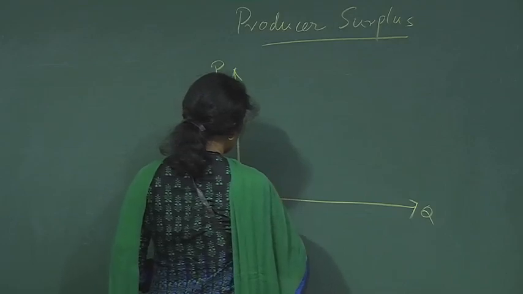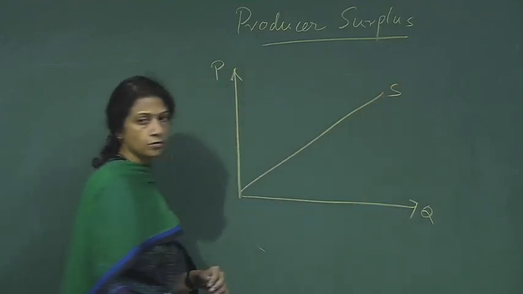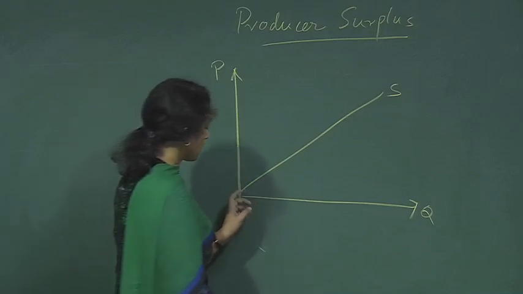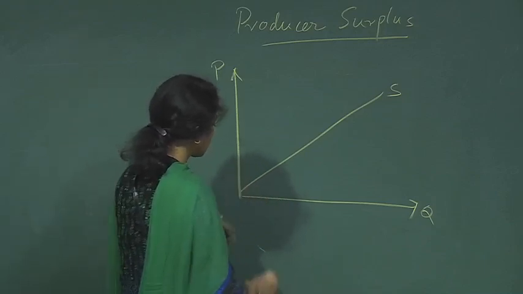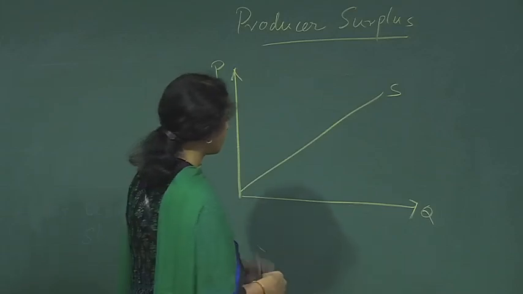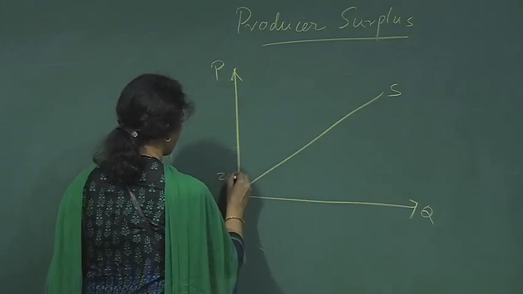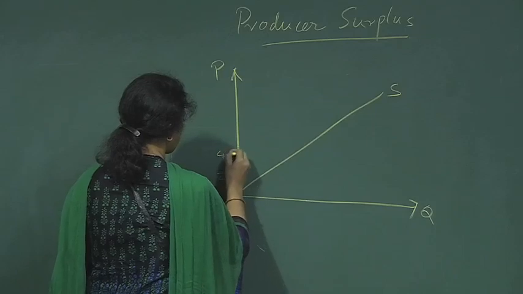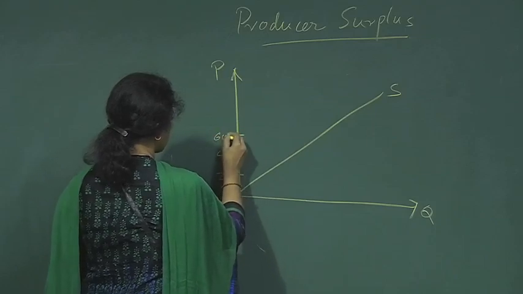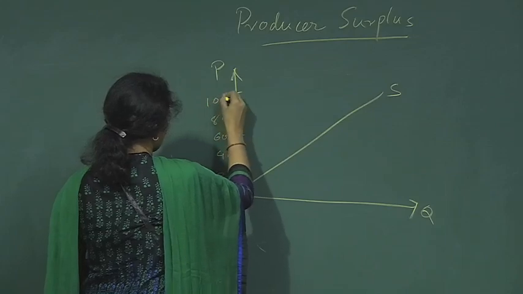So as I said, say this is the supply curve of the producer, and in the same way that we had buyers, there could be sellers in the market. So this is, say, 200, 400, 600, 800 and 1000.